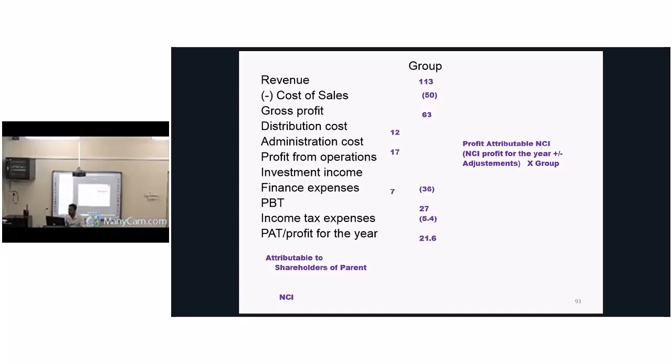Now look, what is NCI profit for the year? 5.6. There are no adjustments, therefore plus or minus 0, equals that into the group percentage of 80%.